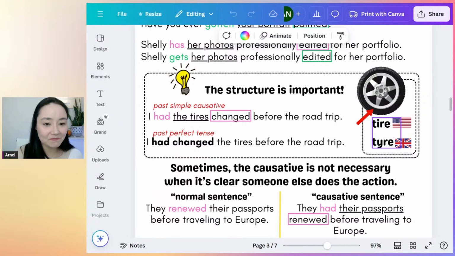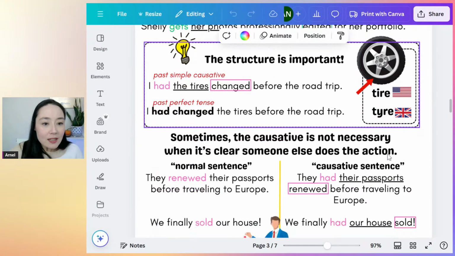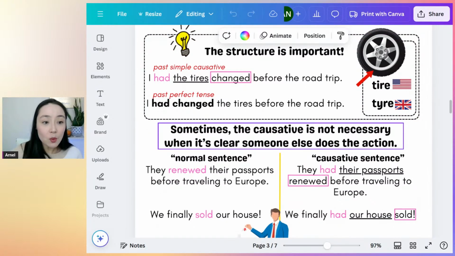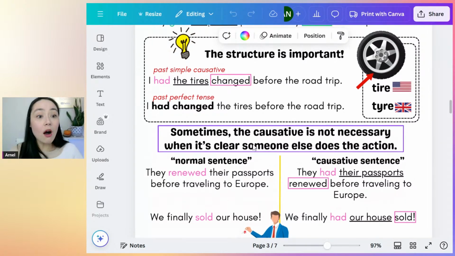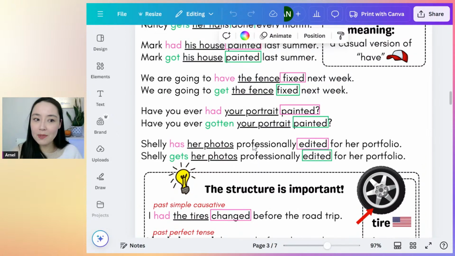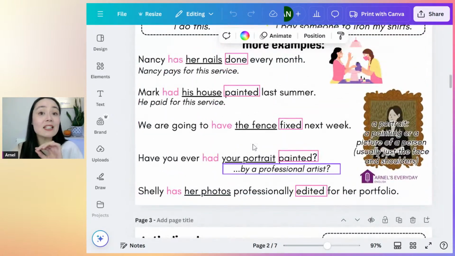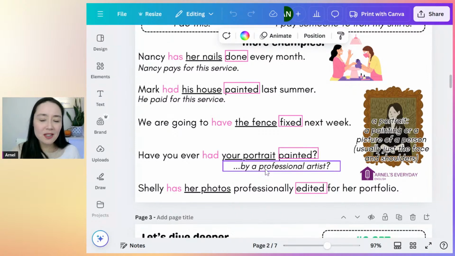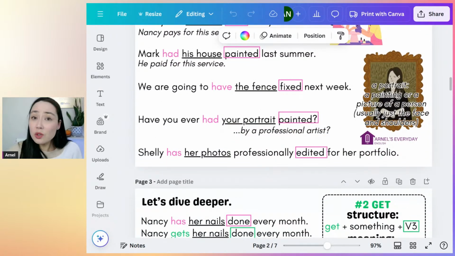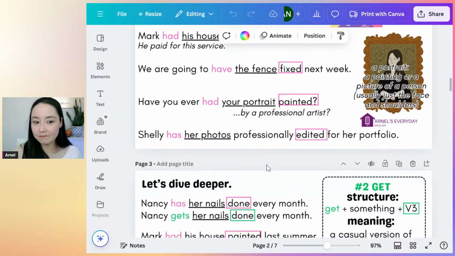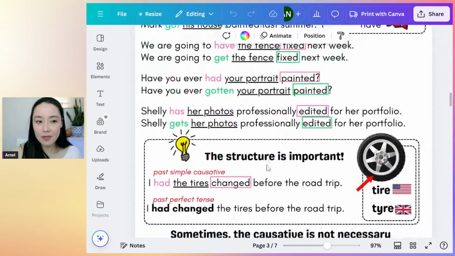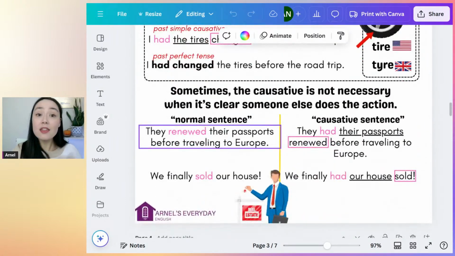Let's keep going. Right. Sometimes the causative is not necessary when it's clear someone else does the action. Remember, in all of these examples, it's clear someone else does the action. However, sometimes, if it's already obvious, you do not need the causative. Normal sentence. They renewed their passports before traveling to Europe.